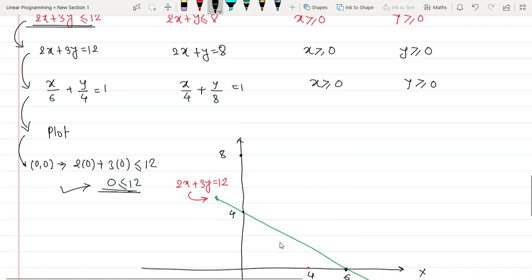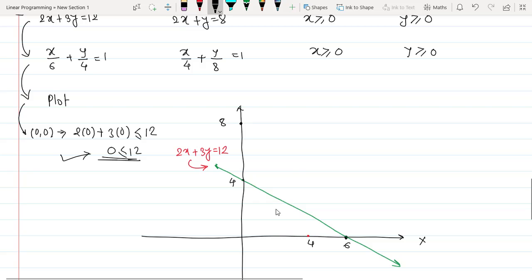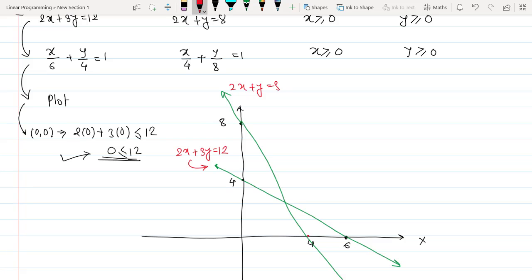So let's join these two lines. So this is how the lines look. Sorry, this should be a straight line. Okay, so this is what I get. The equation of this line is 2x plus y equals 8.